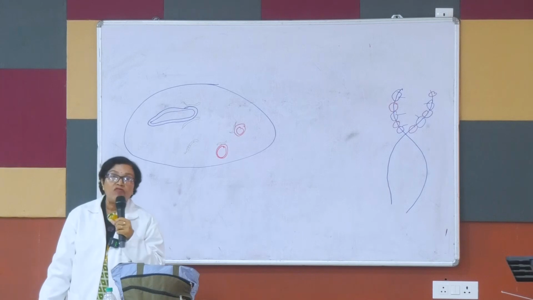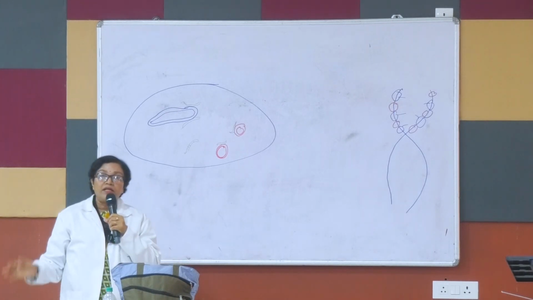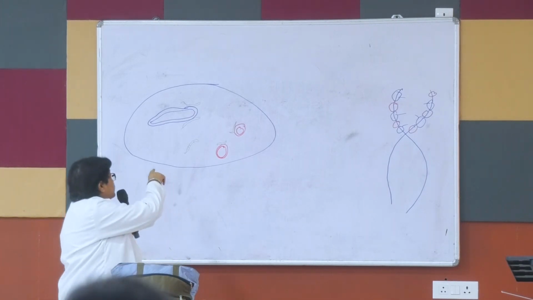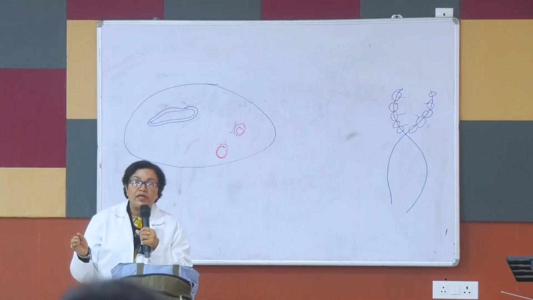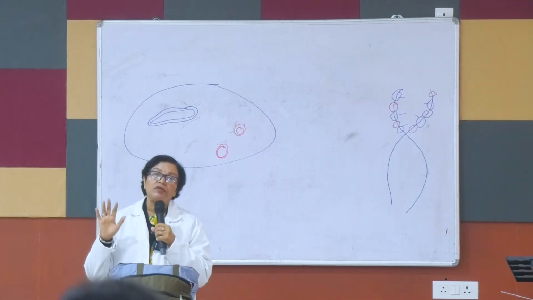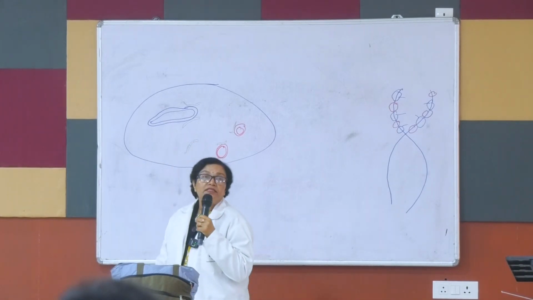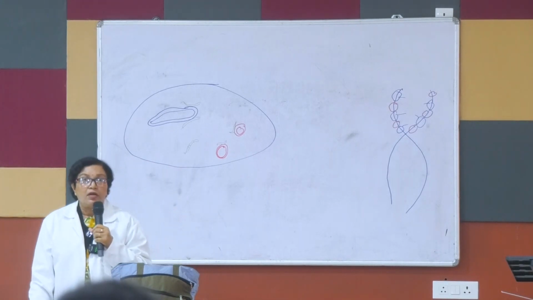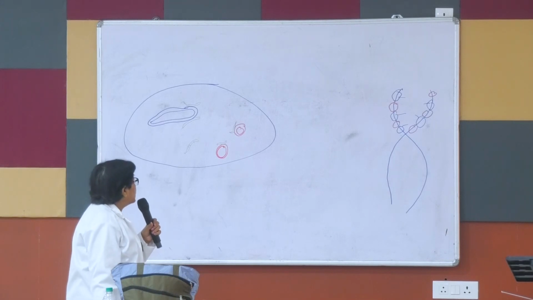It is not self-replicating. Plasmid is self-replicating, it does not depend on the replication of the chromosome, but this transposon, when attached to the plasmid, replicates along with the plasmid. When it is attached to the chromosome, it is replicated by the enzymes associated with the chromosome.